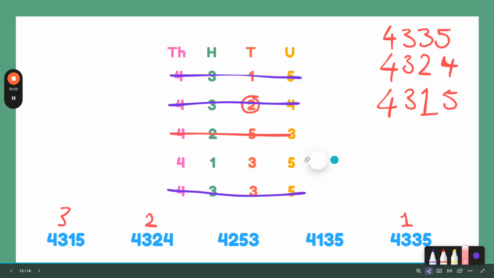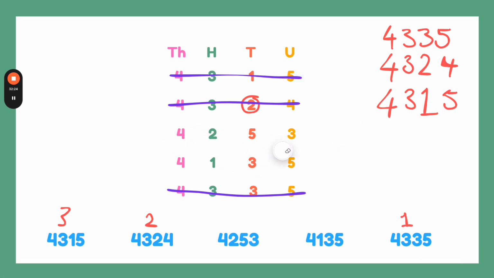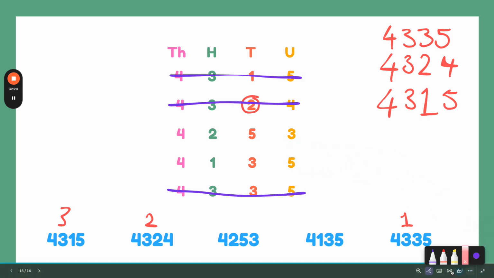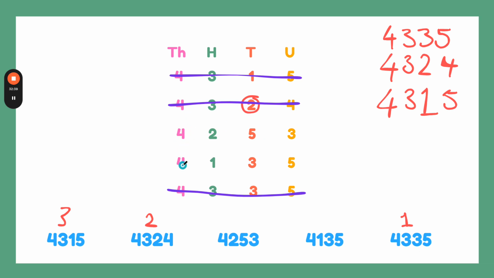Okay, so we can now look at our last two numbers and look at which one is larger or smaller between the two. So again, they each have 4,000s in both numbers, and we can't compare if the digits are the same.